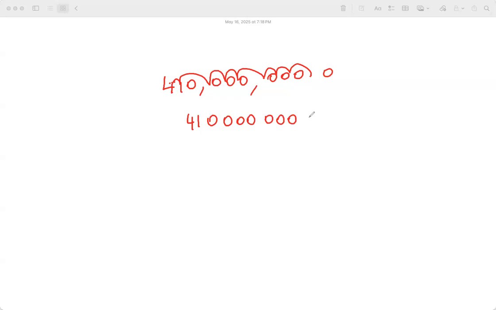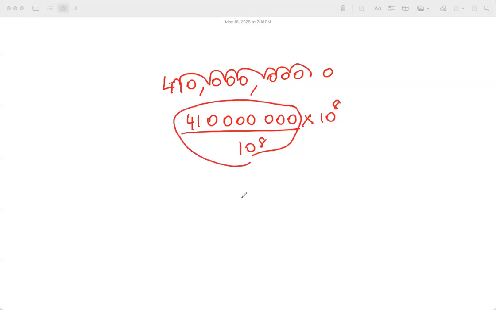You do that, and that becomes 4.1 times 10 power of 8, which is in scientific notation. Make sense? Yes.